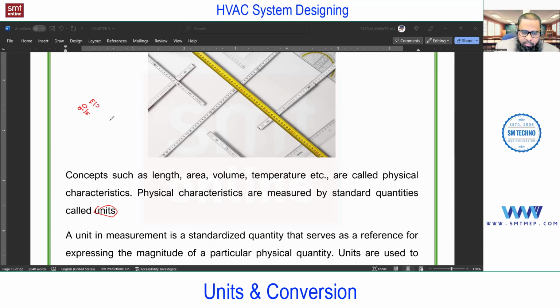I'll give you one more example to understand the importance of units. In the starting session, I think you remember, we discussed the standard temperature for human comfort, thermal comfort, ASHRAE 55, and I gave the table also. There you'll find the different temperatures. Assume the standard temperature for human comfort is 76 degrees Fahrenheit. But if by mistake I write 76 degrees centigrade, it's a horrible case.